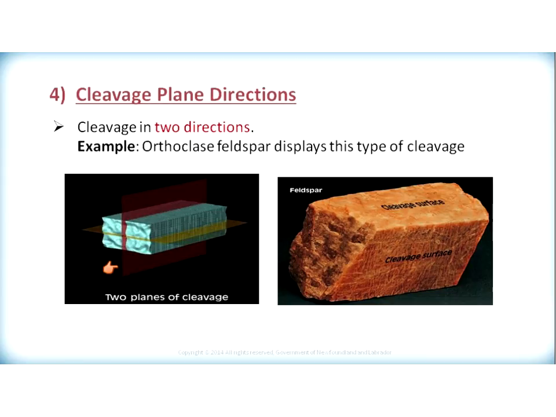On the end of this mineral, there are no cleavage planes, which ends up in the mineral fracturing. If we look at the sample to the right, we see two flat planes. Each of these planes would represent a cleavage surface. Orthoclase feldspar, in particular, would have cleavage planes in two directions.